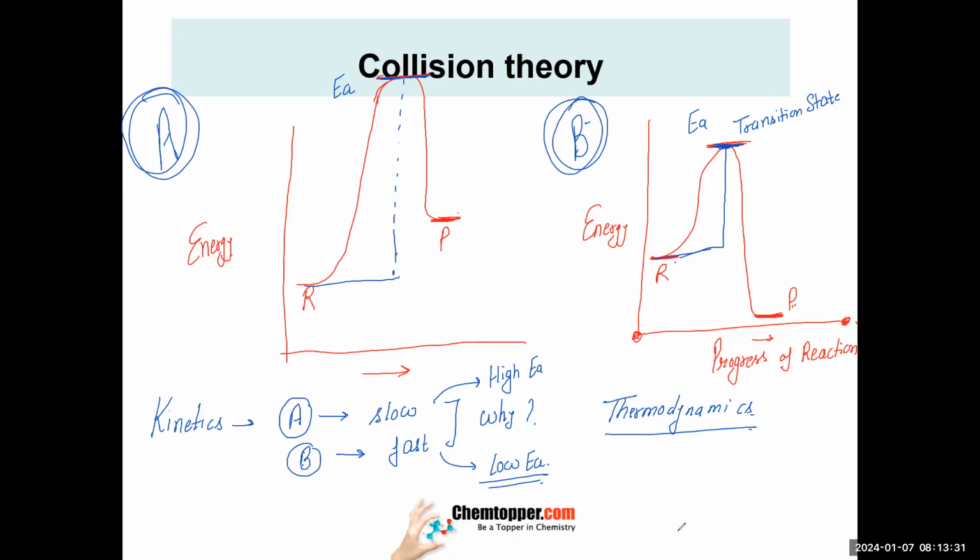Which reaction is giving you stable product? Reaction A, reaction B. We are looking for the stable product. B is giving us the stable product. What's the reason?